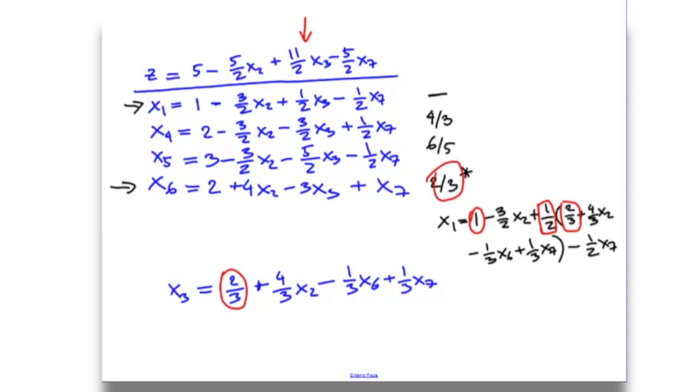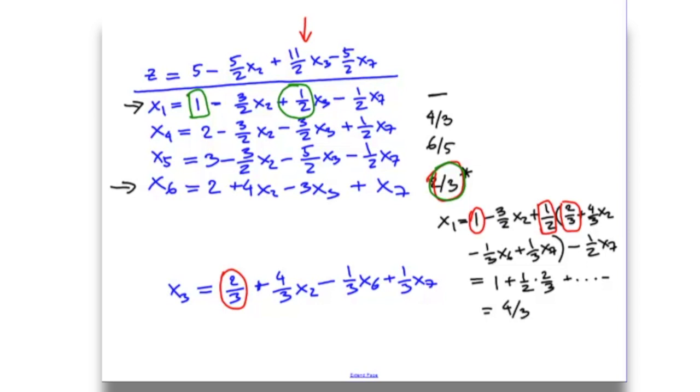So to compute the new value for x1, all we need to do is look at this value, plus the coefficient for the entering variable multiplied by the minimum ratio. In this case it is 1 plus 1/2 times 2/3, plus the expression depending on x, which we don't care about for now. So it will be 1 plus 1/3, which is 4/3.